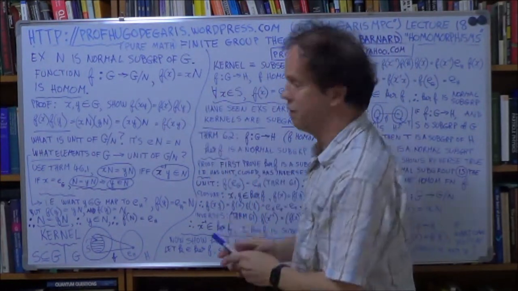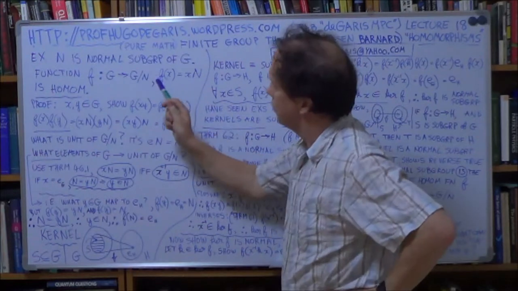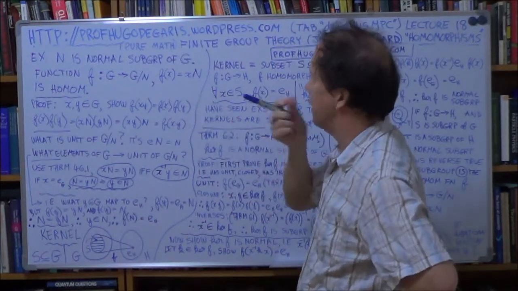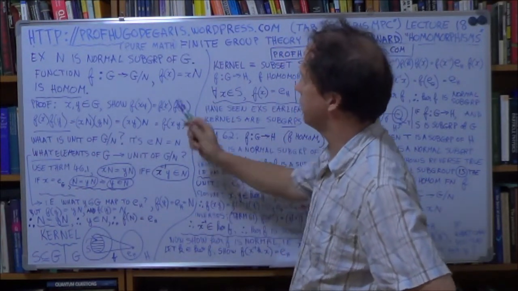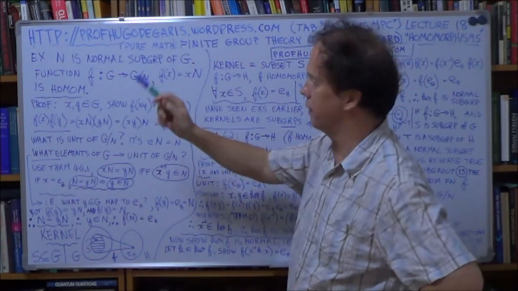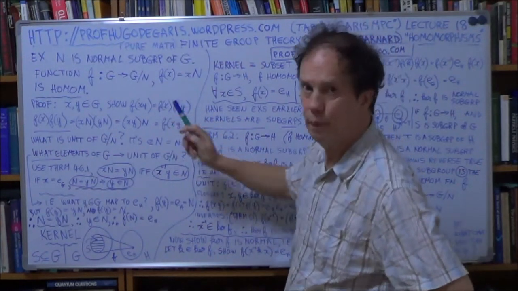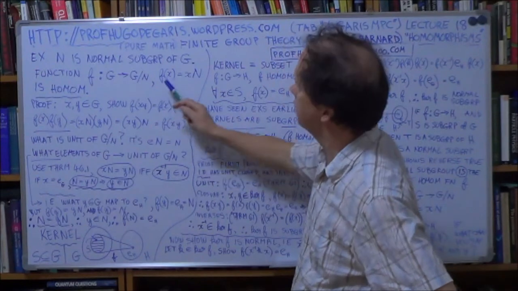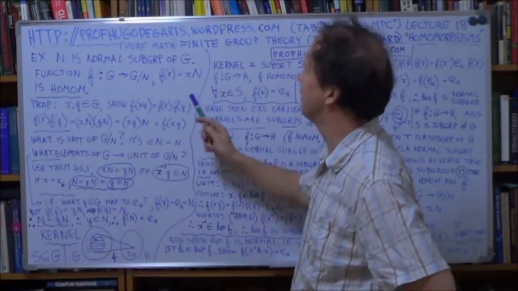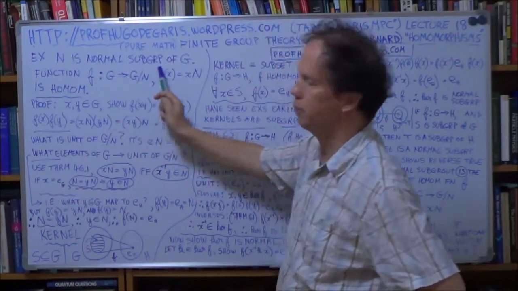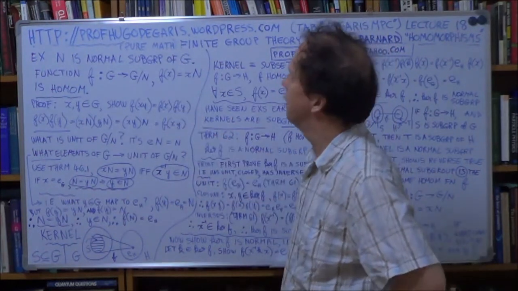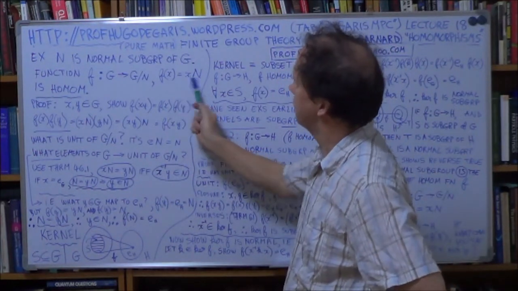So define your function f so that f of x is xN, right? And we can now show pretty readily, in just a line of proof, that this particular function that maps x into xN, where N is a normal subgroup of G, is actually a homomorphism.